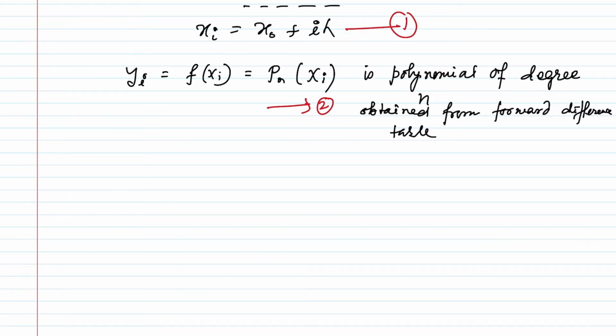Now here i represents 0, 1, 2, 3, and so on.